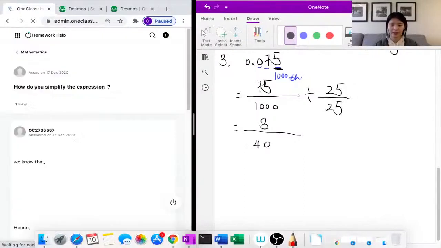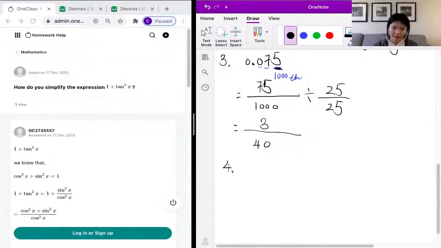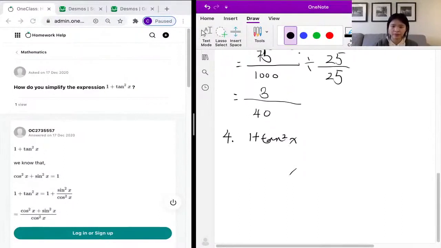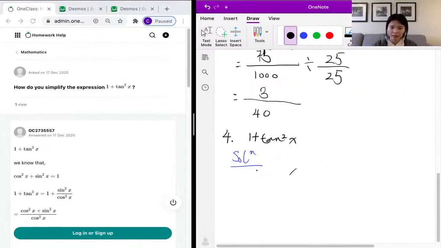Our fourth problem asks us to simplify the expression 1 plus tan squared x. There are two main ways that you can do it. The first way is actually really simple, because 1 plus tan squared x is already a really common identity.